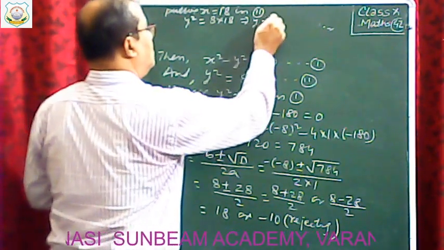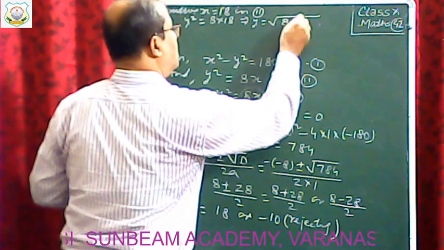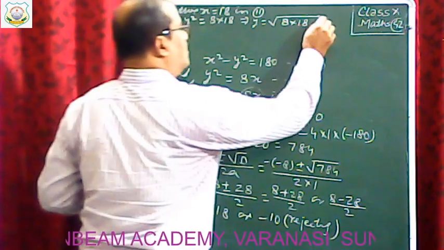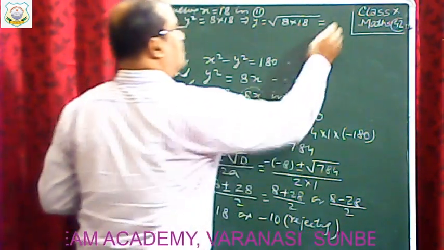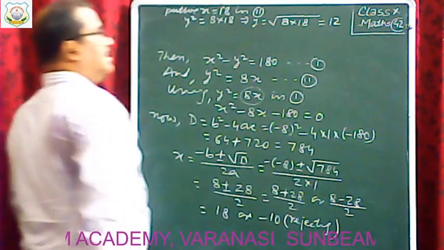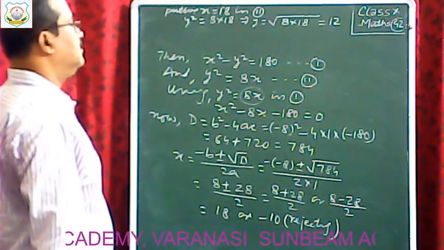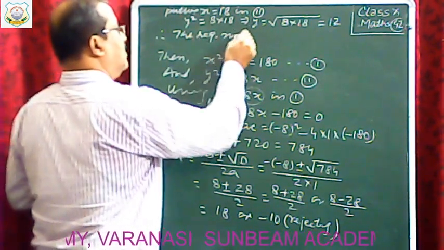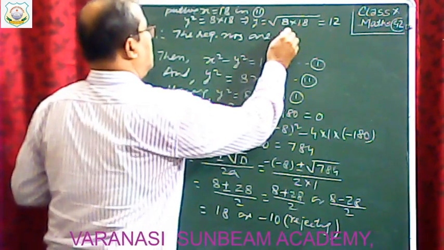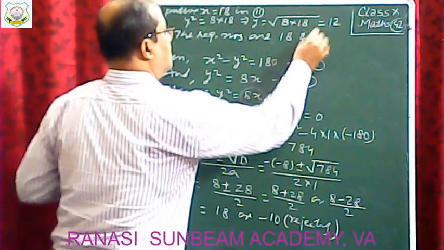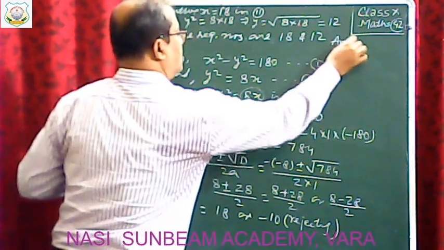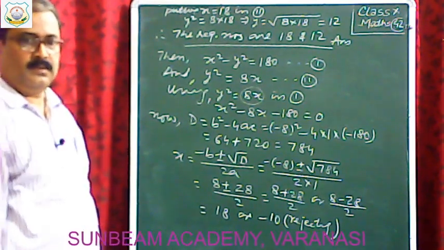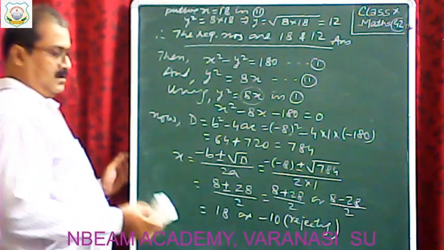So y equal to square root of 8 into 18, that is equal to 12. Therefore the required numbers are: larger one is 18 and smaller one is 12. That is your answer. Okay, so simple. Done everybody?